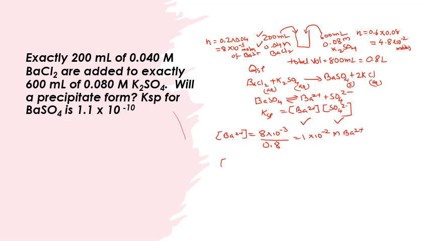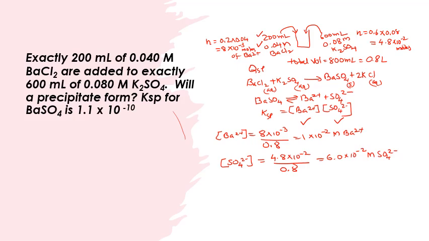And I can get the concentration of SO4 2- in the same way: number of moles is 4.8 times 10 to the power negative 2 divided by volume 0.8. That should equal 6.0 times 10 to the power negative 2 molar SO4 2- ions.